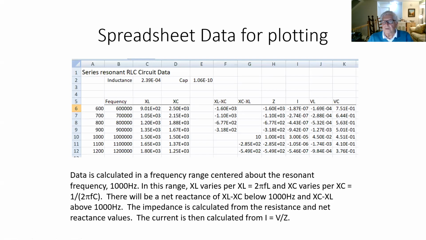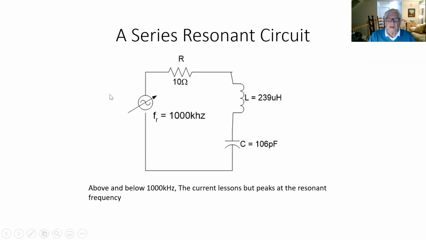So we're going to plot the output. You can look at the output across either the inductor or the capacitor. We're going to change the input frequency, varying it from low frequencies to above the resonant frequency, to see what we get as an output from either the inductor, the capacitor, or both.